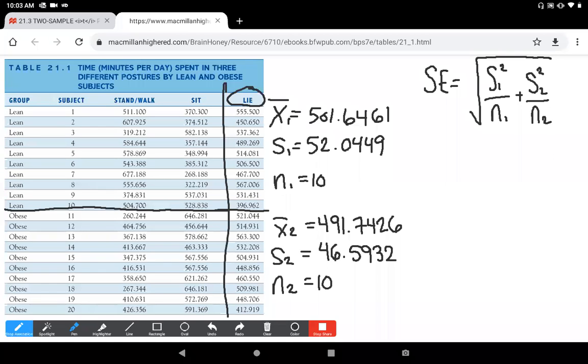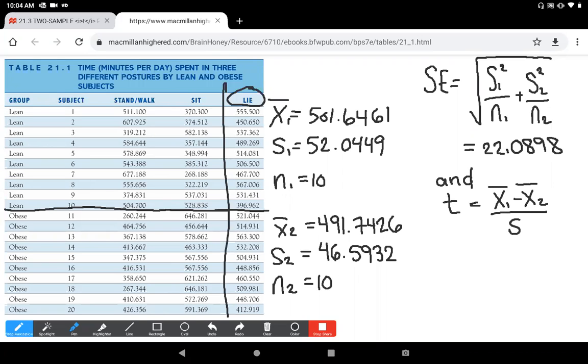And I calculated that to be 22.0898, and a t-score, which is the difference of the means divided by the standard error. I found that to be 0.448.